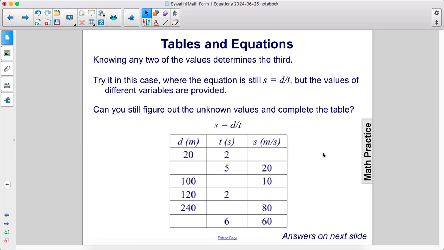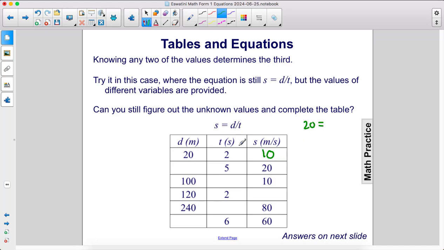Try it in this case, where the equation is still s equals d over t, but the values of different variables are provided. Can you still figure out the unknown values and complete the table? All right, well, let's go through it. s equals d over t. If we're looking for s, we just divide distance by time. 20 by 2 is 10. All right, but here, we know the speed is 20.